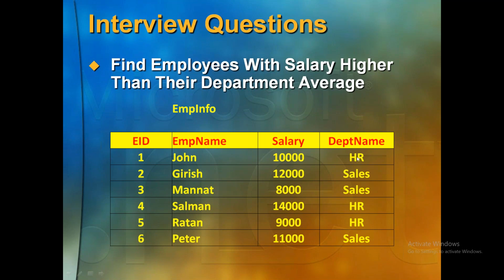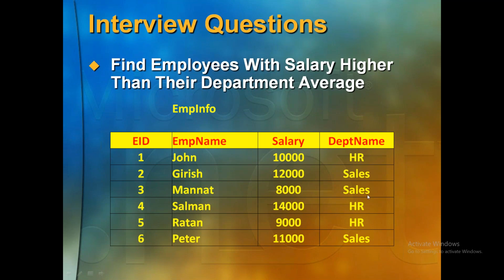And they work in the HR and sales departments. First, you need to find out the average salary for each department. That means select department name, comma, average salary, group by department name.